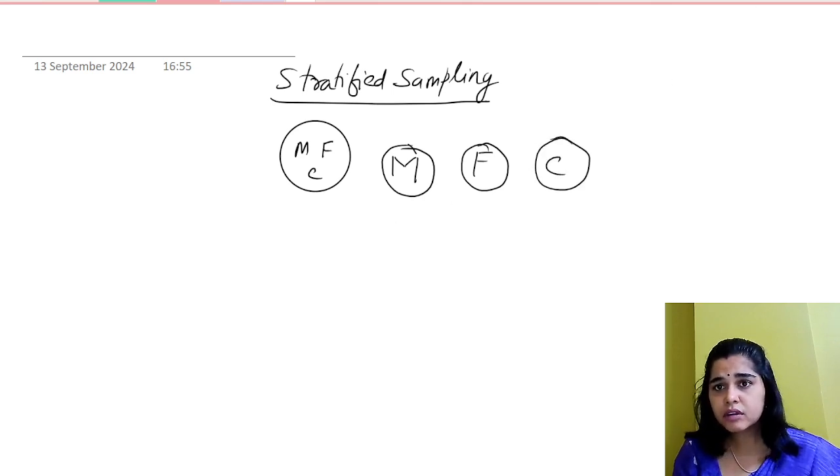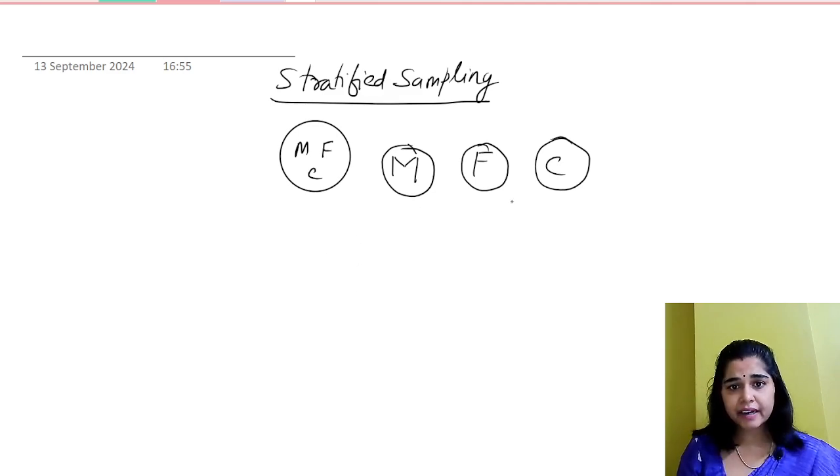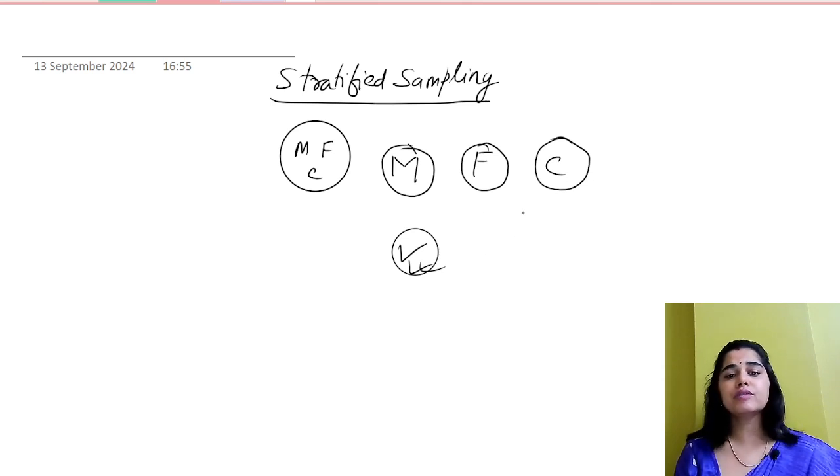This way we make strata. Now we are going to choose any one. If you want to do an experiment on this, you can select male, just one. If you want female, you will select only female. And if you want children, you will select only children. You will take the whole. So first you will make strata here.